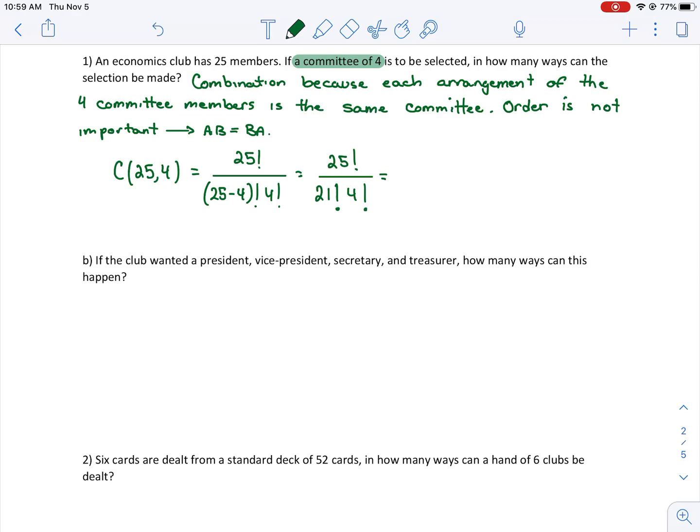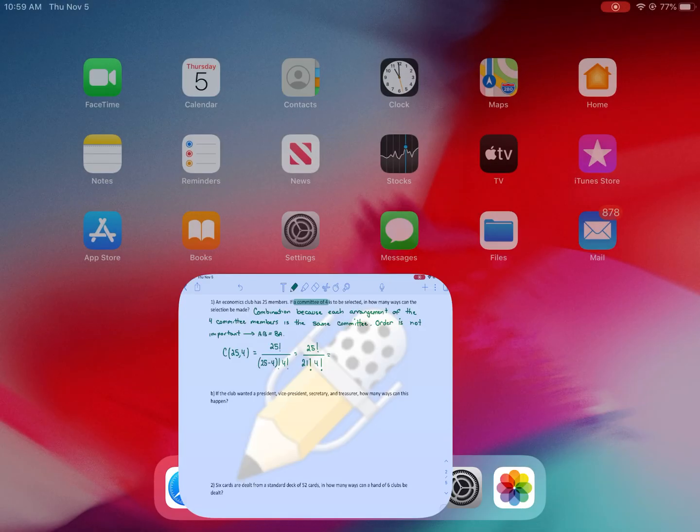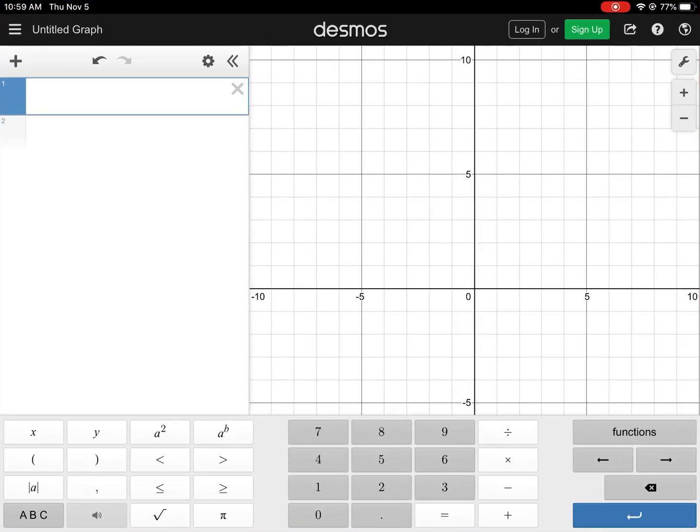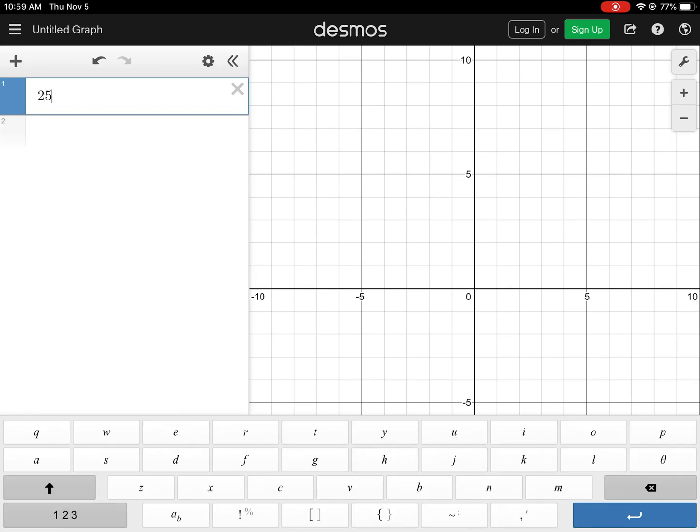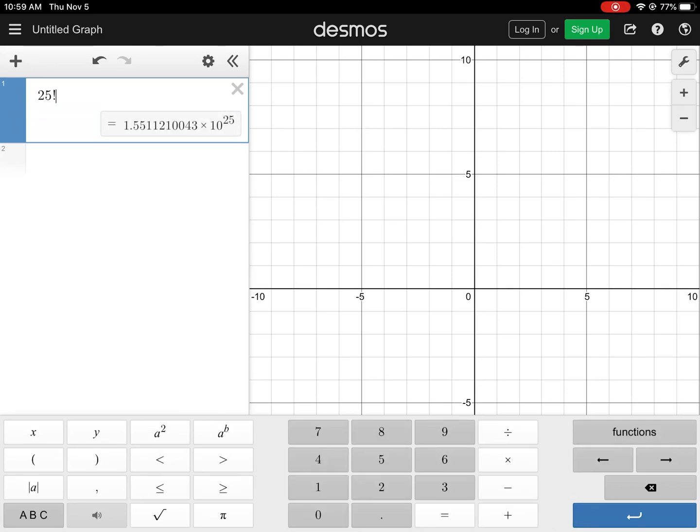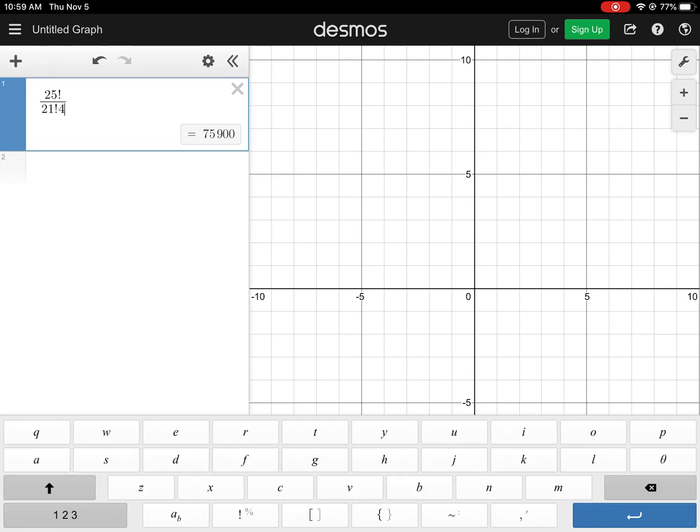Now this can either be solved by hand or by Desmos. I would suggest solving this on Desmos, so we're going to do that now. Starting with the factorial notation, that is 25 factorial divided by 21 factorial times 4 factorial.